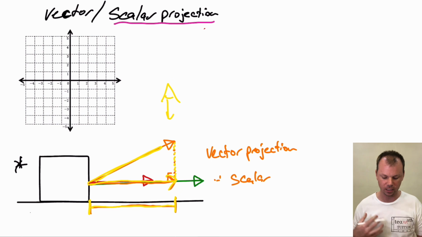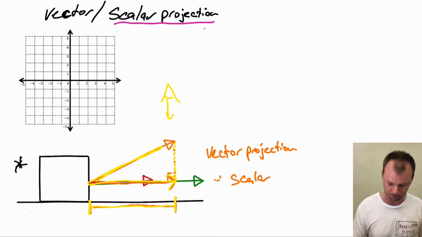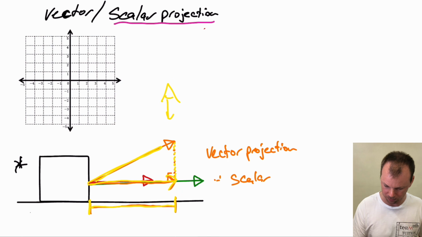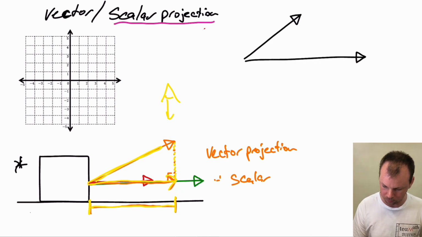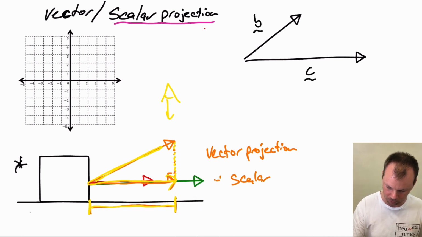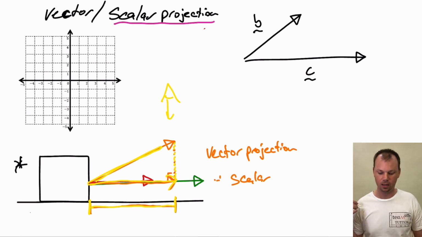So let's have a look at a couple of these things without an application, just with the vectors themselves. I will draw a couple of vectors up here. Let's call this vector B and vector C. We're going to look at scalar projections in this video.